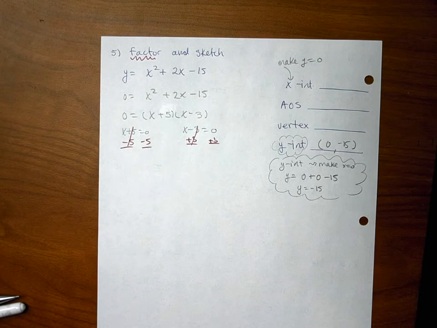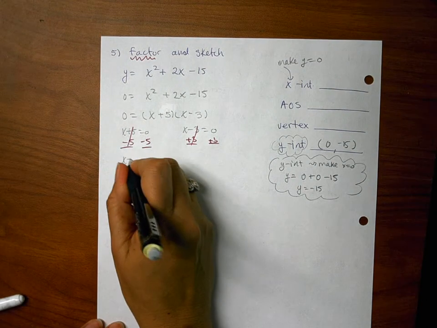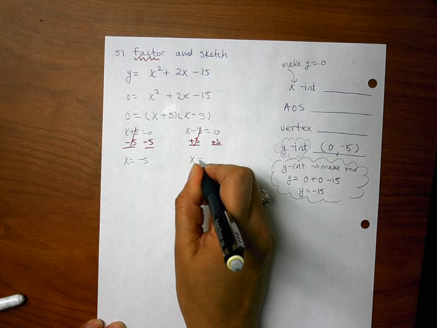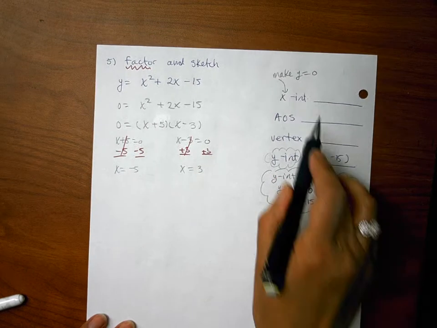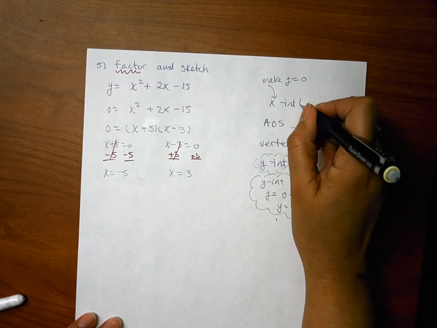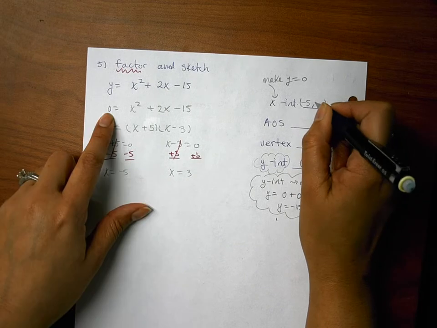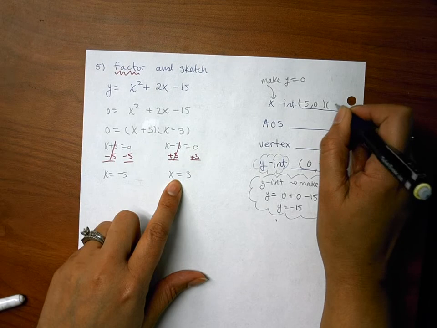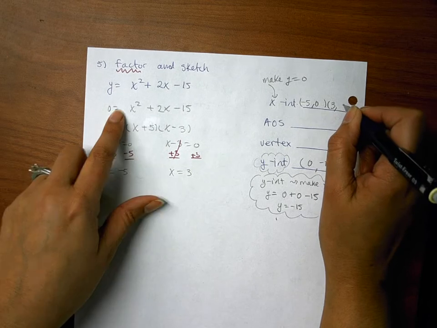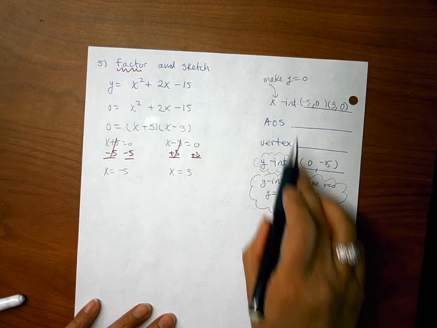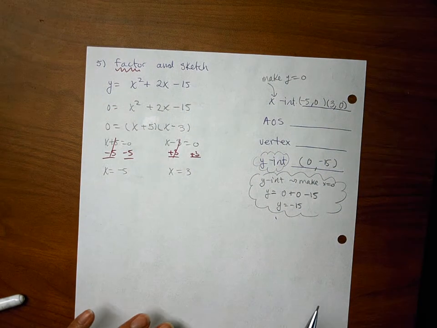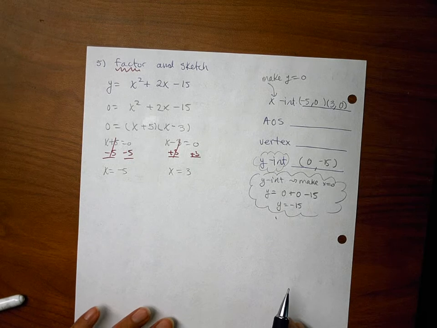X equals negative 5, x equals 3, and we will have to write these intercepts as ordered pairs. This is x, so it's negative 5, comma, I plug 0 in for y. This is x, which is 3, comma, I plug 0 in for y. So see the difference in how I write my x-intercepts and my y-intercepts.